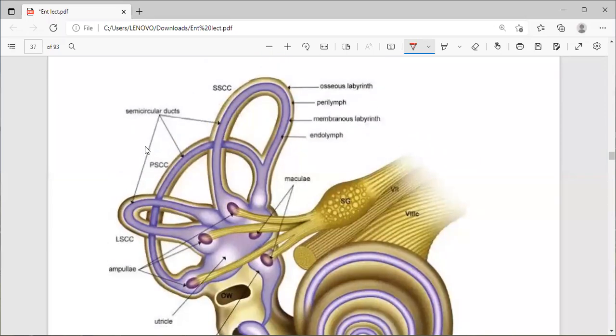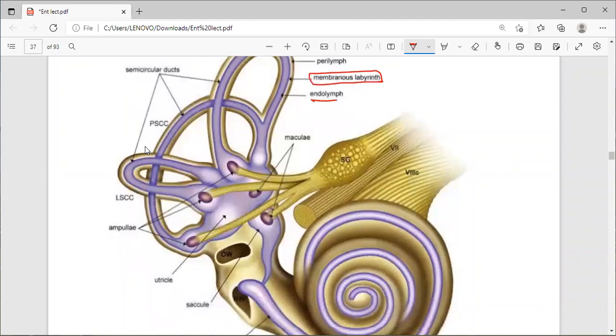Okay, so here I just wanted to tell you about the labyrinth. The labyrinth has a membranous labyrinth, and the membranous labyrinth also has the osseous labyrinth. So this is the osseous labyrinth part, and the inner side is the membranous labyrinth. And inside the membranous labyrinth, endolymph is present, which is a fluid. Okay, and these are the three semicircular canals.